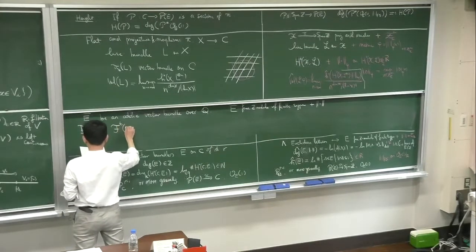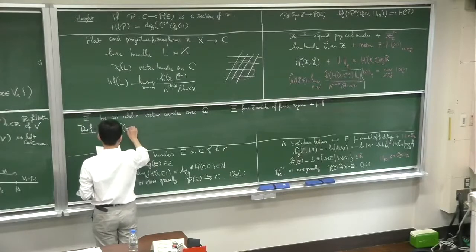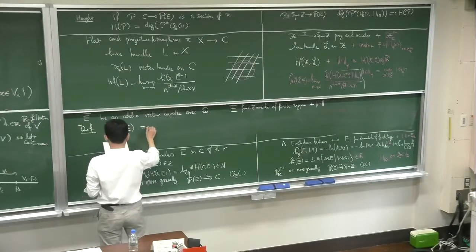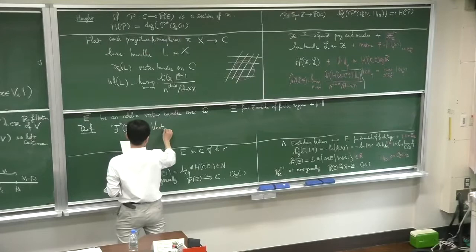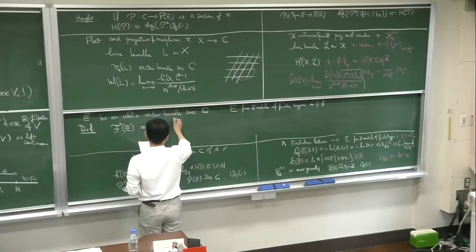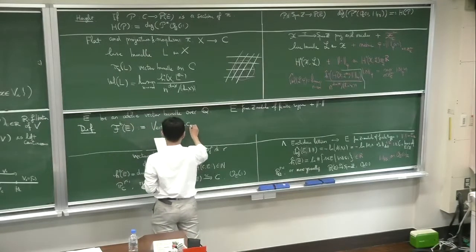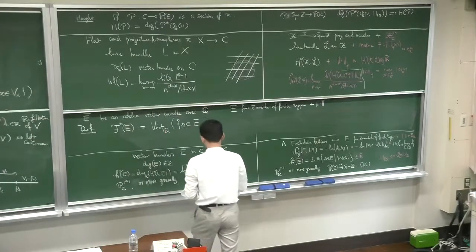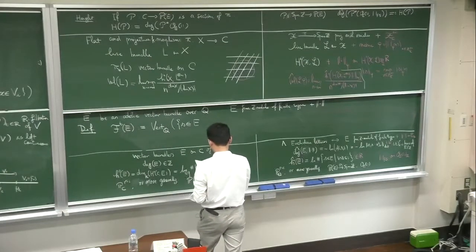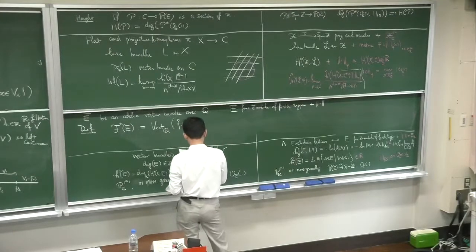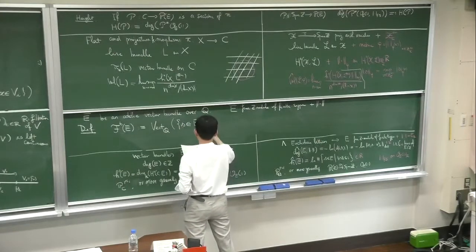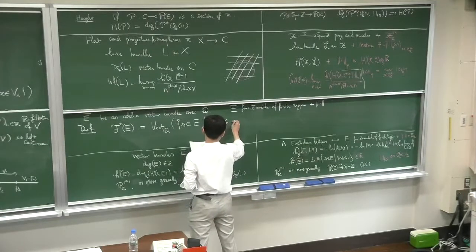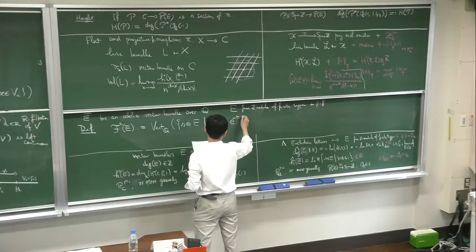So you take F^t of E bar, which is a vector space over Q generated by sections in E with the norm of s smaller than exponential minus t.